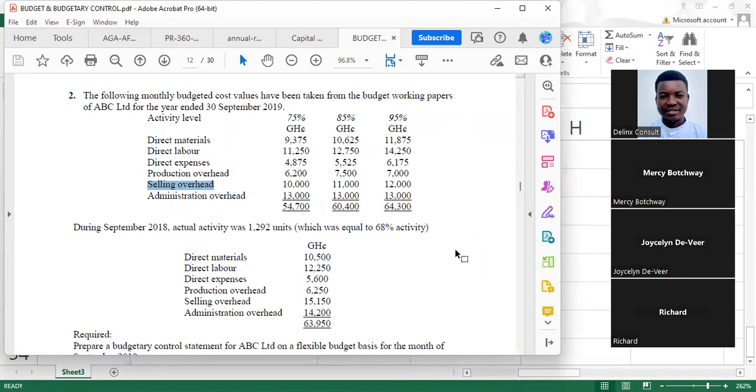14,250 minus 11,250. What is the answer?